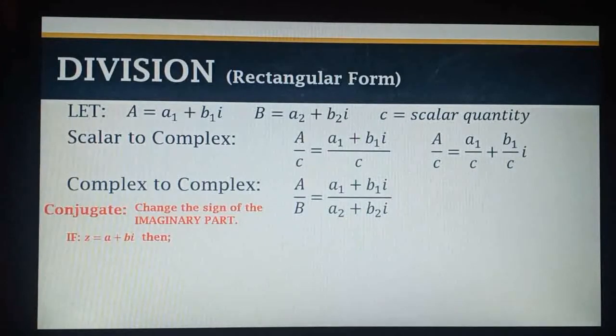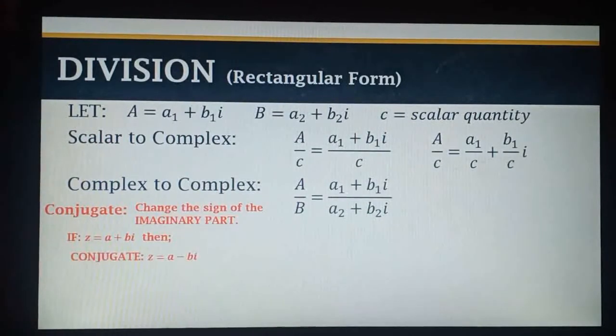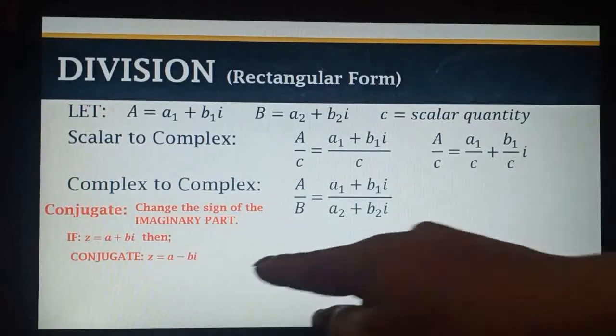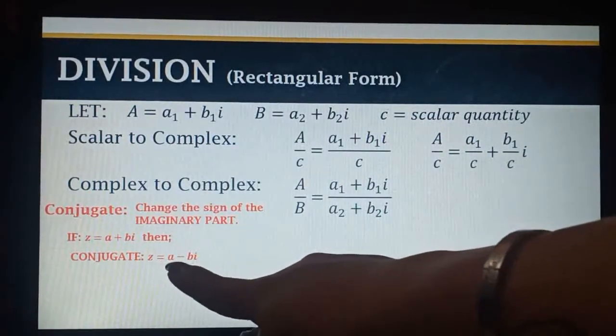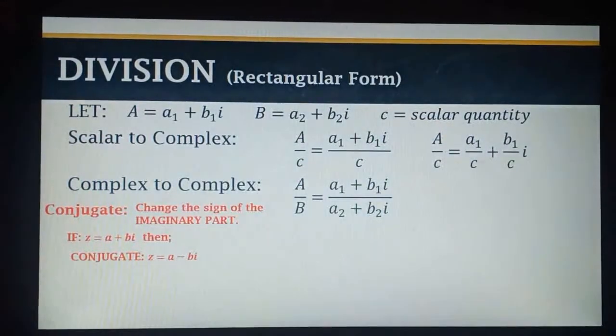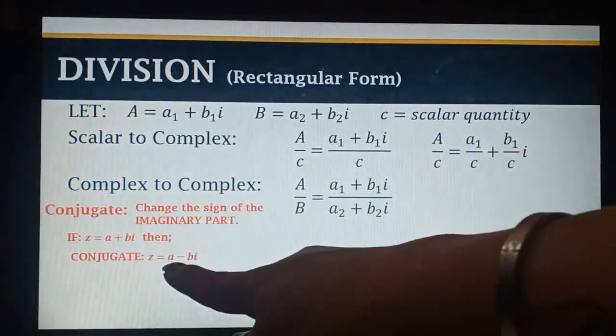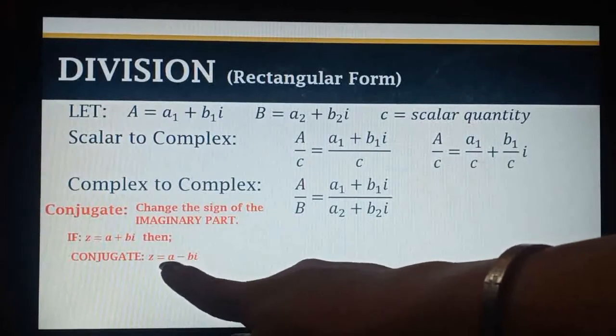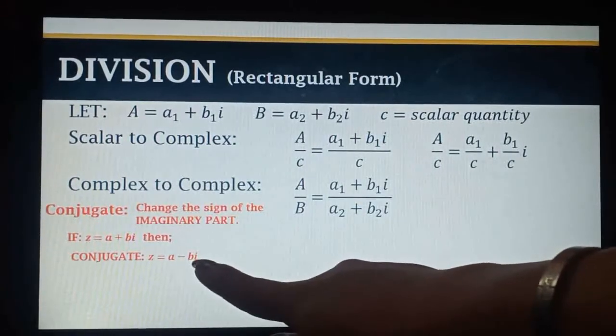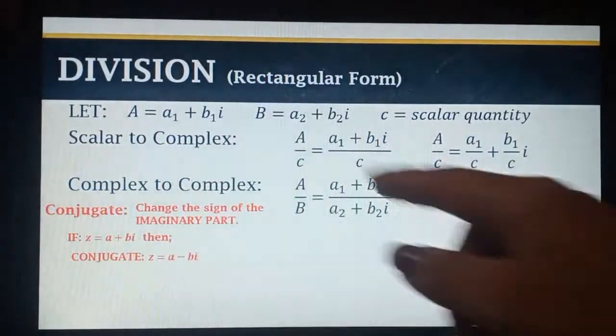If you were given complex Z as A plus BI, then you have to get the conjugate of the complex Z. It can be represented as Z equals A minus BI. So the conjugate of the complex Z is A minus BI, wherein the given Z is A plus BI.